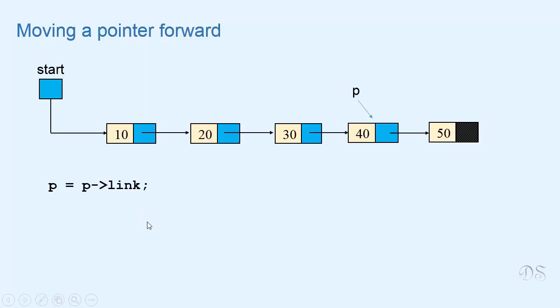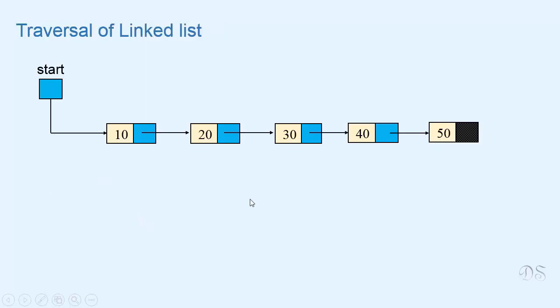Okay, now let's see how we can traverse our linked list. We have to start from the first node. So we'll take a pointer P that points to the first node. To make P point to the first node, we'll initialize it with start, because start points to the first node. Now while visiting each node, we'll print the contents of the node.